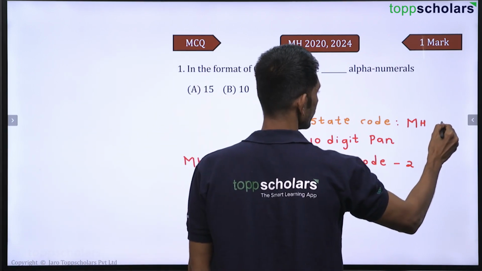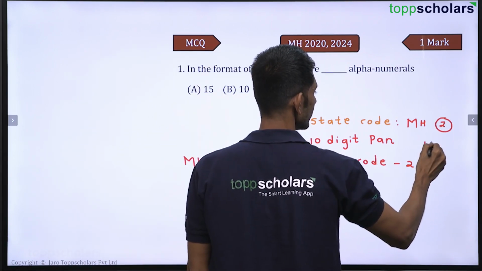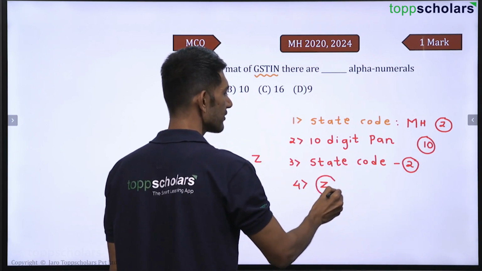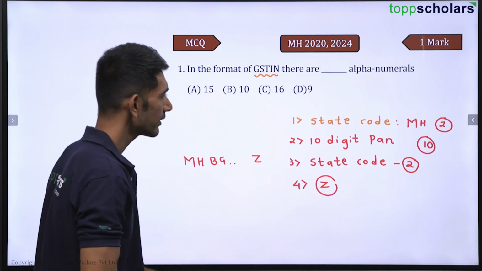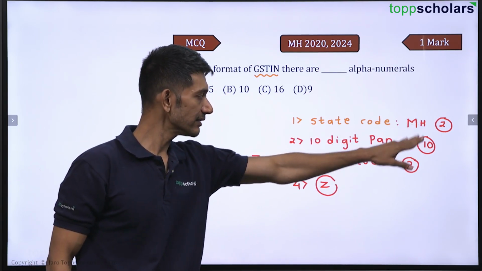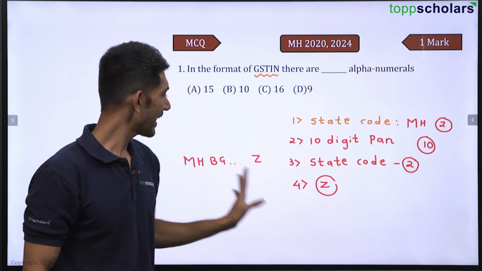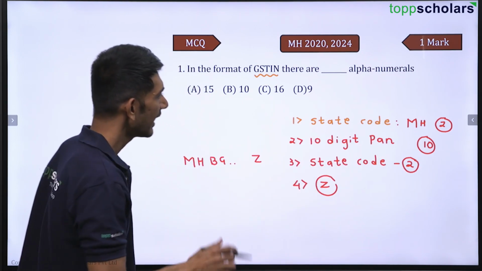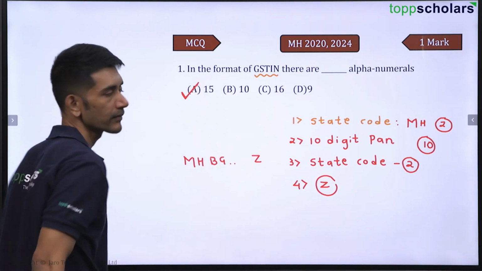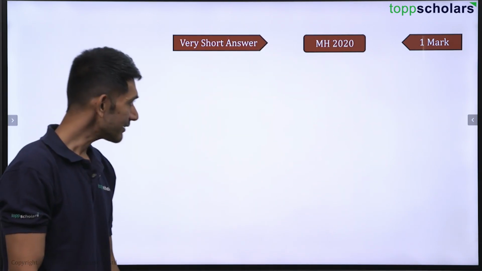So this is 2, this is 10, this is 2, and this is Z. Correct? This is how the GST number looks like. And the total is always 15. Please make a note of this. The total is 15.